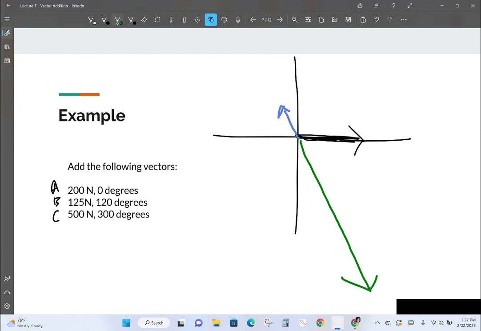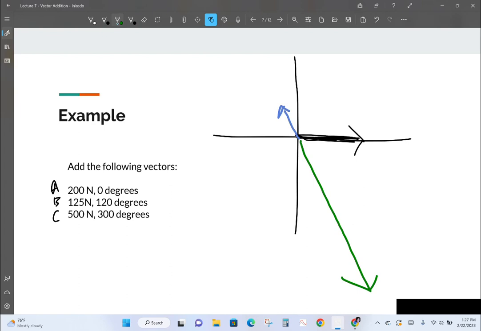So I could add all these tip to tail successively, but it's kind of hard to visualize the net force, isn't it? I mean, this one's pulling to the east, and this one's pulling to the west, and this one's pulling way to the east, so it may be somewhere over here. It's going to be somewhere on the left-hand side of the axis, and probably more in the downward, southern direction, so probably somewhere in the third quadrant, but I'm not really sure.